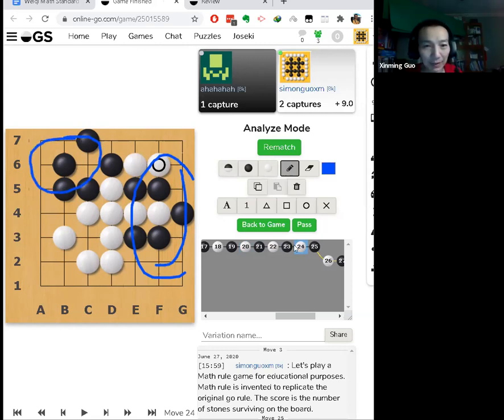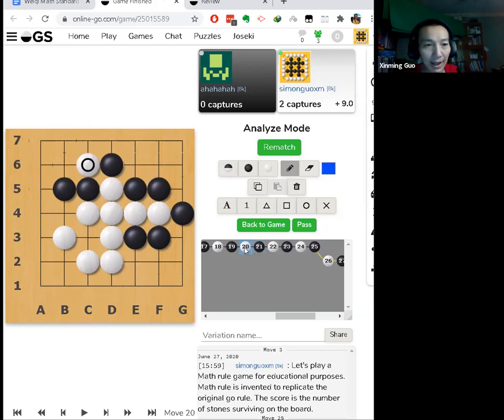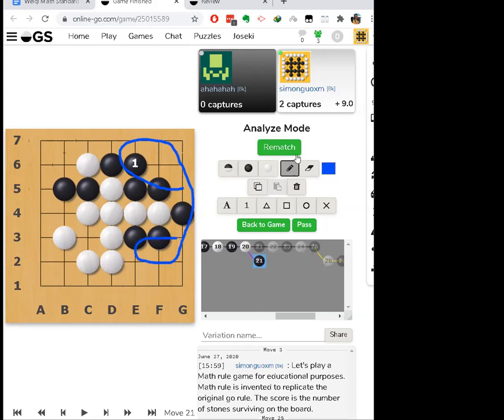But if you know that will happen, and when white play here, in fact, the best decision for black is play here. Connect and lower your risk and try to survive in this part.